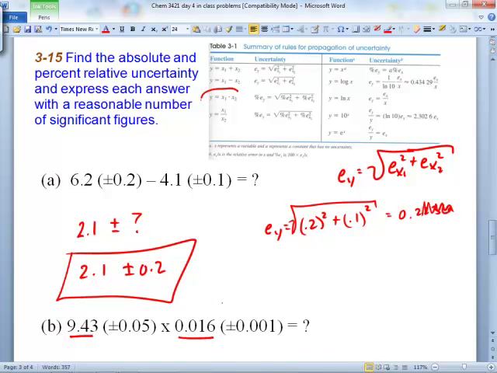Good. But we've got to convert these. What type of errors? Absolutes into relative, relative percent. We have to convert them, otherwise we can't use that equation. And then when you get your result, you have to convert it back, because according to this, it gives it to you in percent.